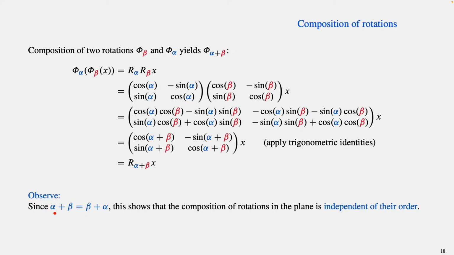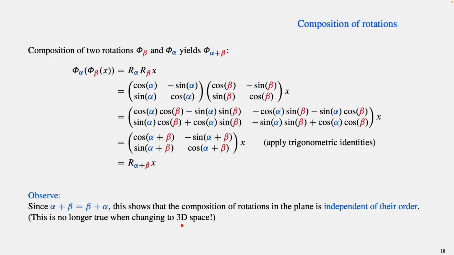Now observe that alpha plus beta is of course the same as beta plus alpha, so it doesn't matter whether we first rotate by the angle beta and then by alpha, or if we first rotate by the angle alpha and then by beta. So the rotations in the plane are in fact commutative, so they're independent of their order. But be very careful, this is no longer true when you change to 3D space.